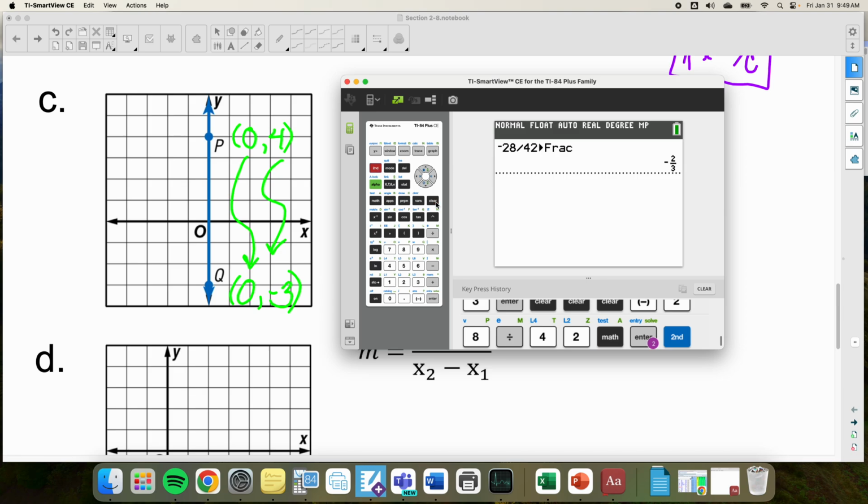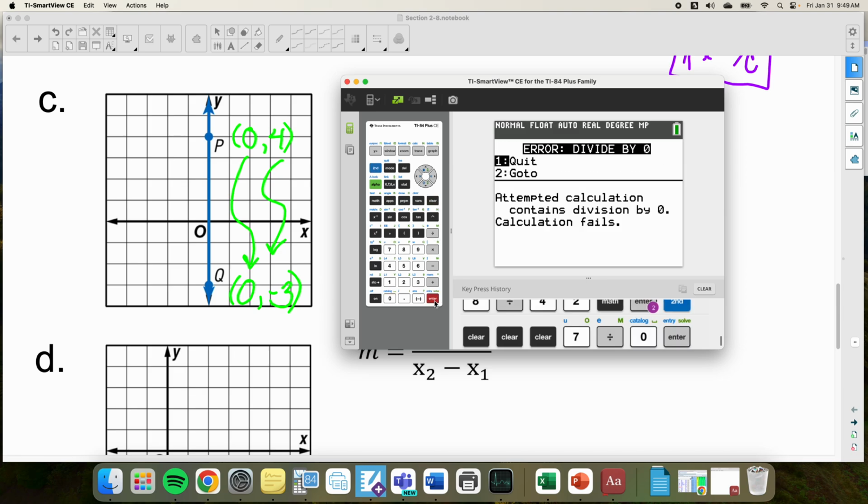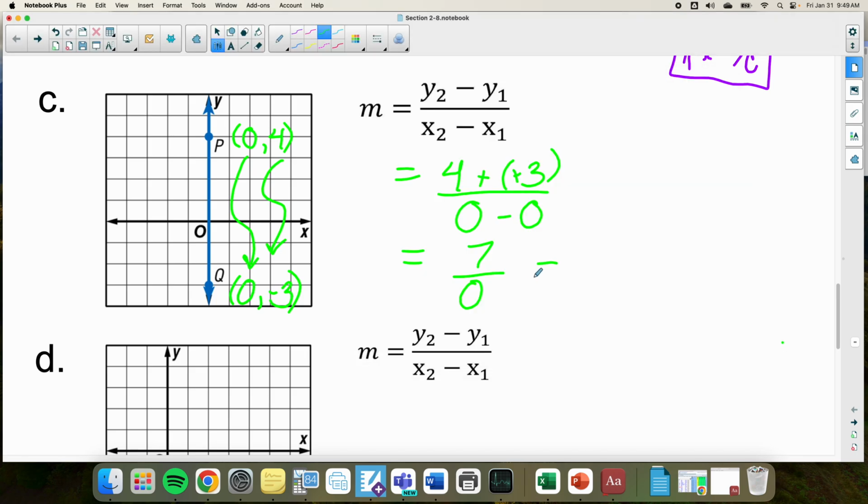So if I went 7 divided by 0 on either calculator, it's gonna give you an error message. When you get that error message, that means that is not defined, okay? You cannot divide a number by 0, so what we write there then is undefined.